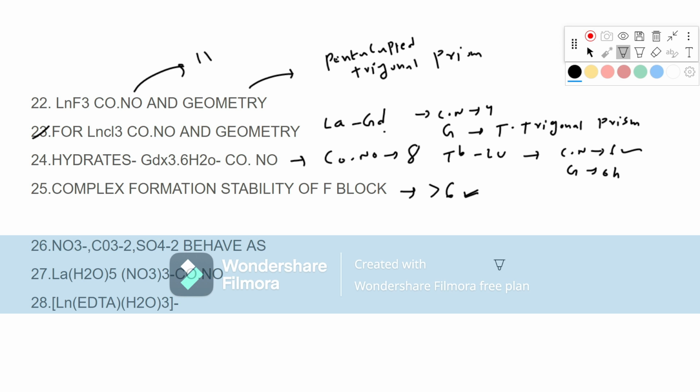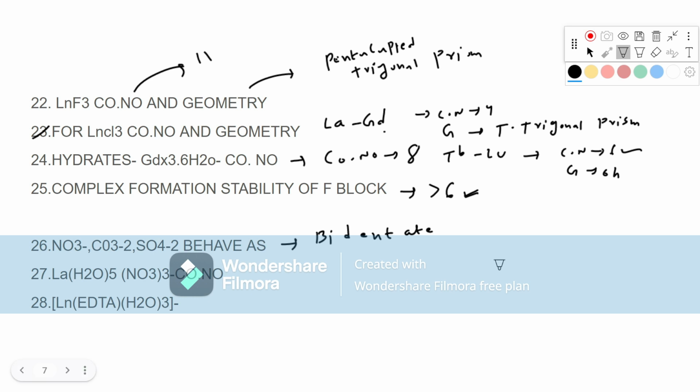Next, NO3 minus, CO3 2 minus, SO4 2 minus are called bidentate ligands. These ligands generally behave as bidentate ligands when they combine with lanthanides due to larger size.